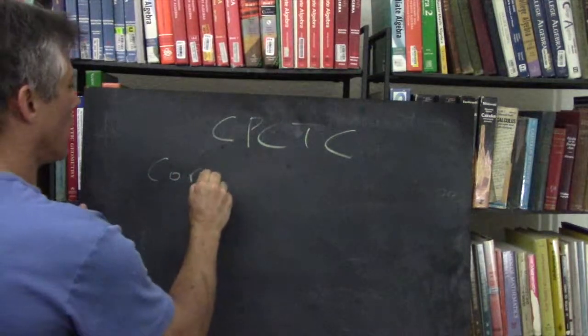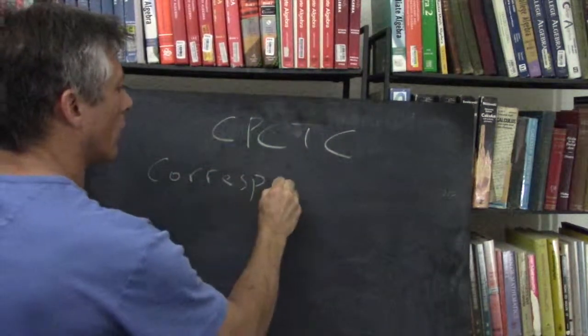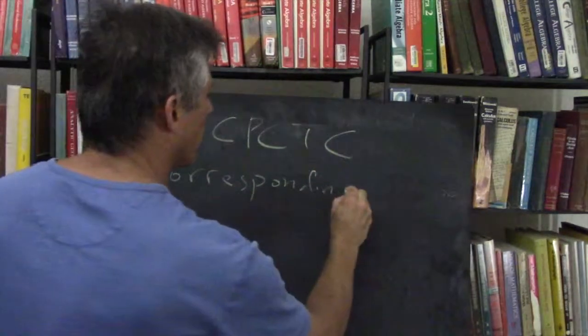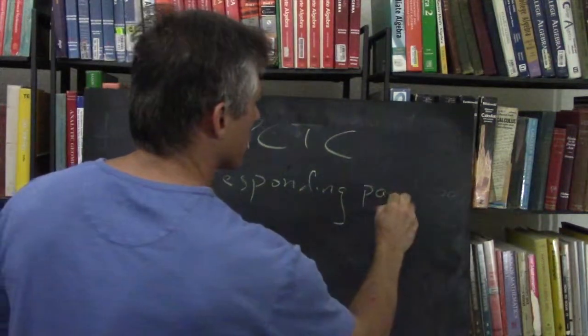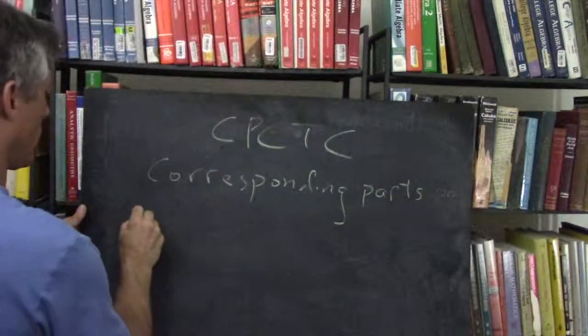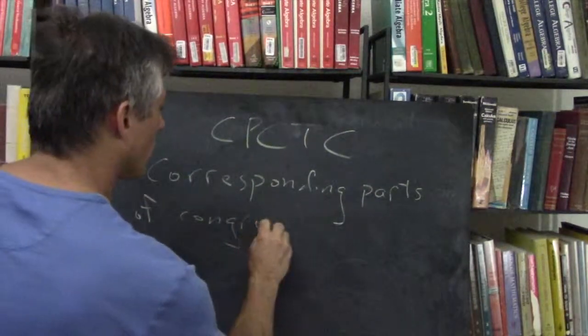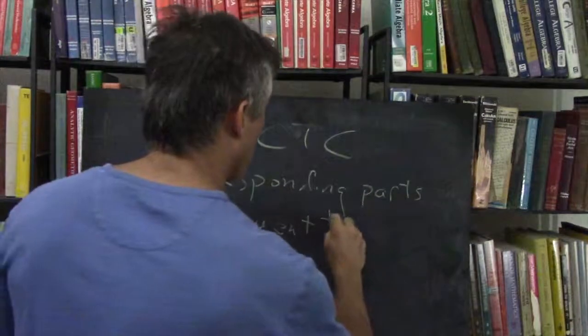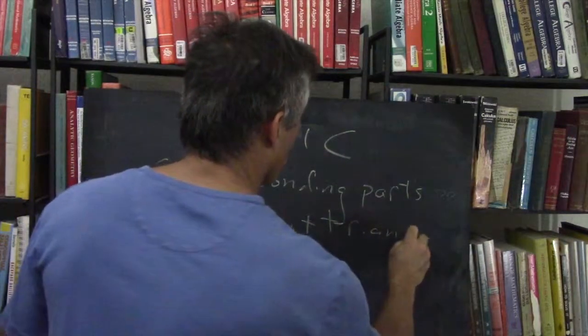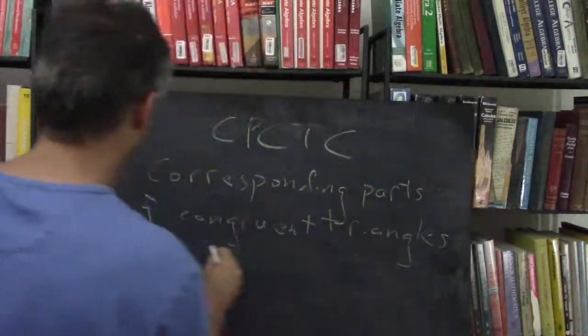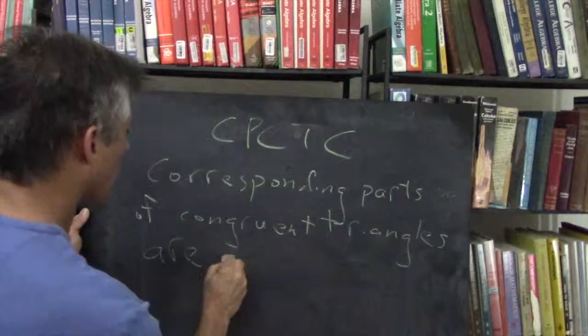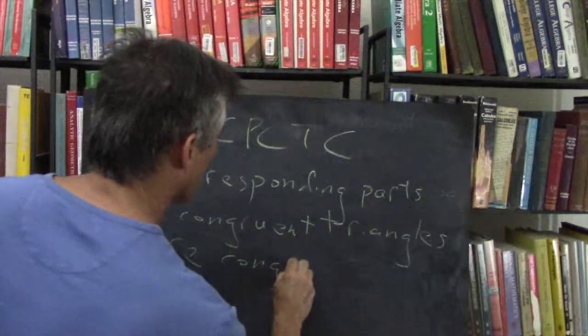So I'll write it down. Corresponding parts of congruent triangles are congruent.